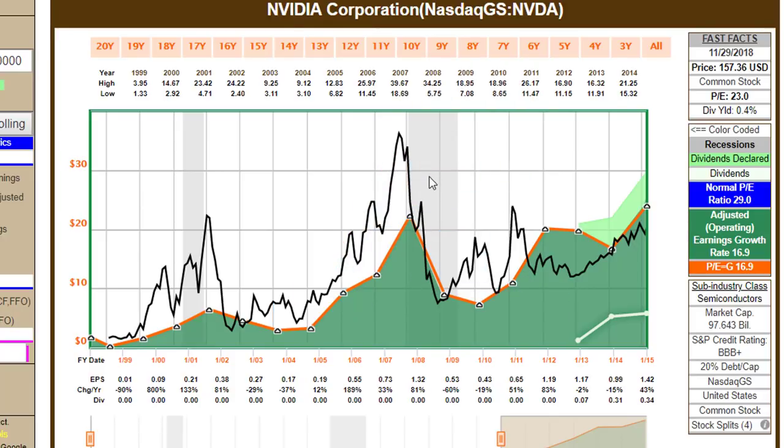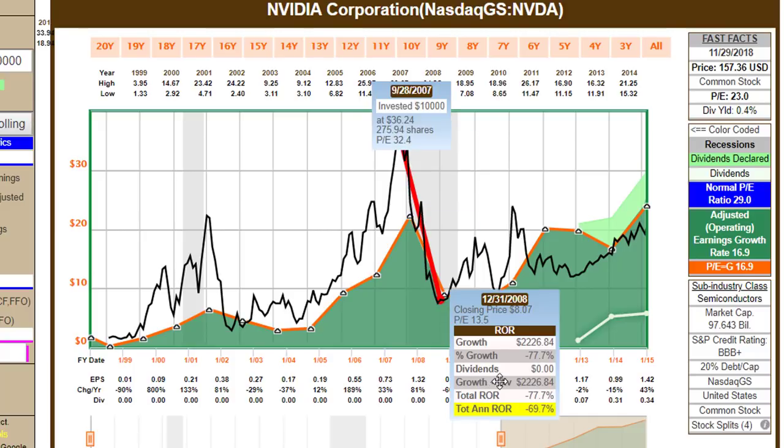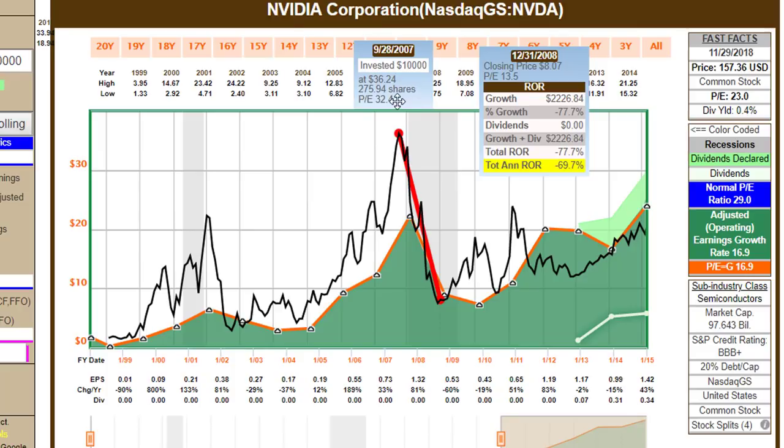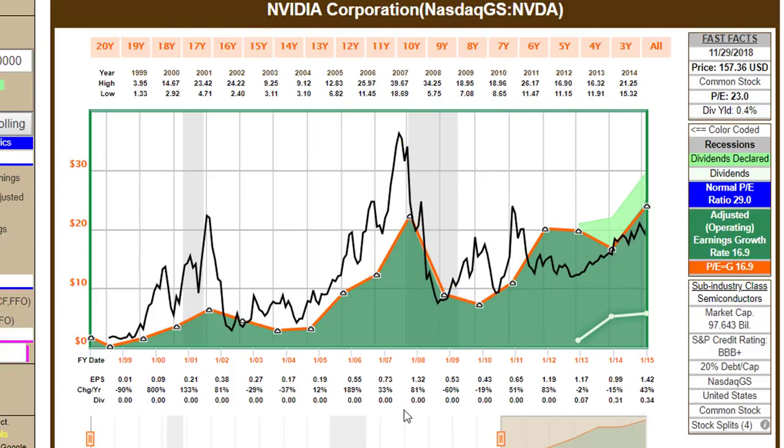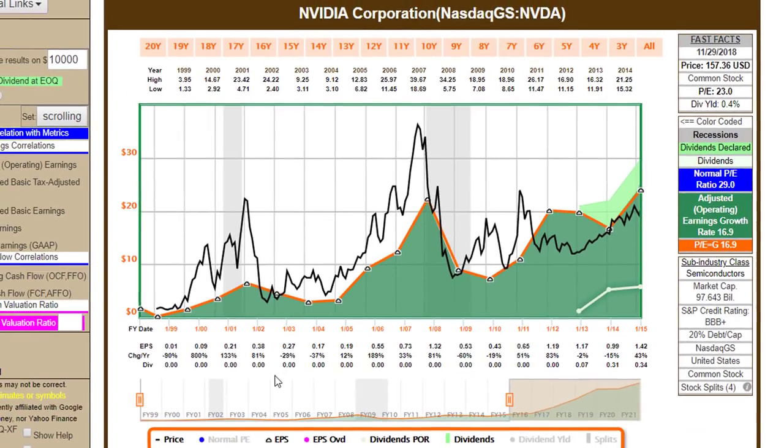But then as we came into the recession, we saw the stock price fall dramatically, where it fell almost 78% from $36 down to $8.07 with an annualized negative 69.7% rate of return. So the point is, valuation is very dynamic with this company. This company has been very cyclical and very dynamic.